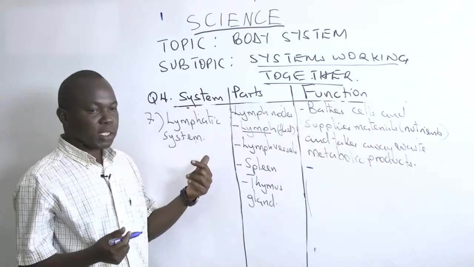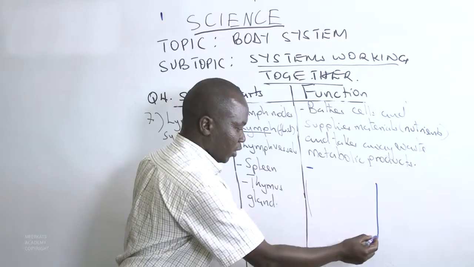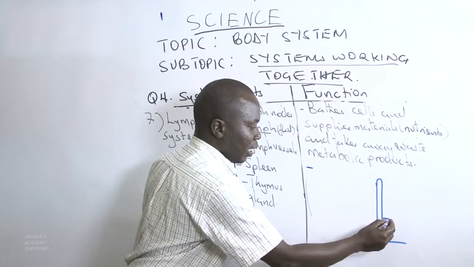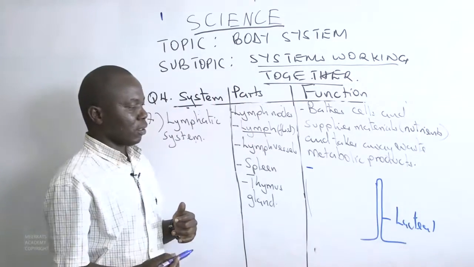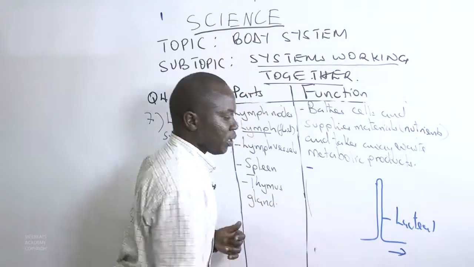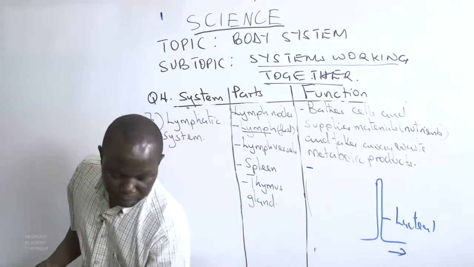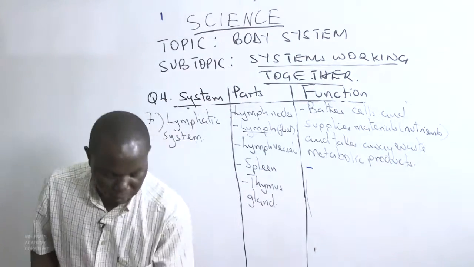They are absorbed into the lymphatic system through a lymphatic vessel called the lacteal. And then it will be transported to the rest of the body. So one role of the lymphatic system is transportation of fatty acids and glycerol.